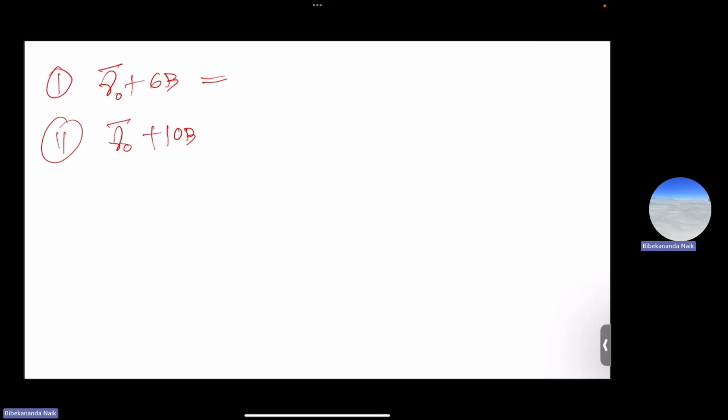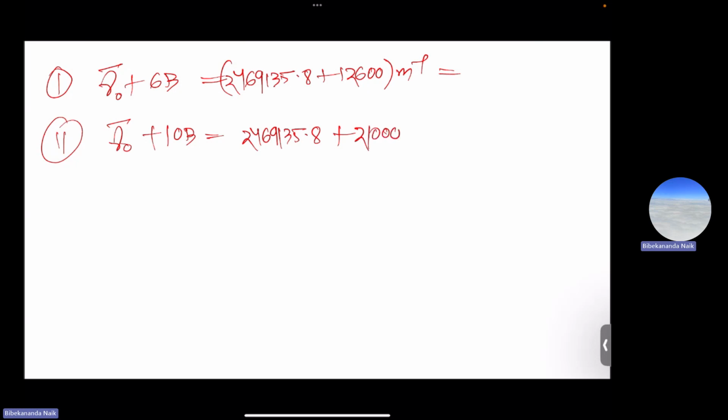So nu 0 bar plus 6B means 2469135.8 plus 12,600 meter inverse, and again 2469135.8 plus 21,000 meter inverse. So this is in terms of meter inverse.